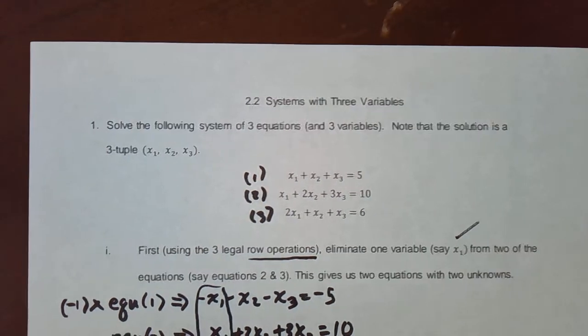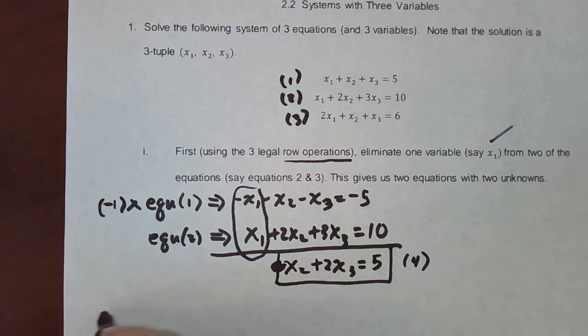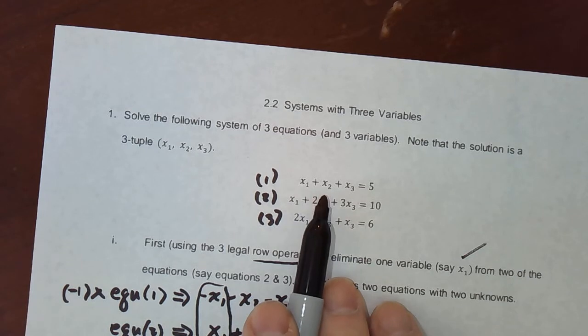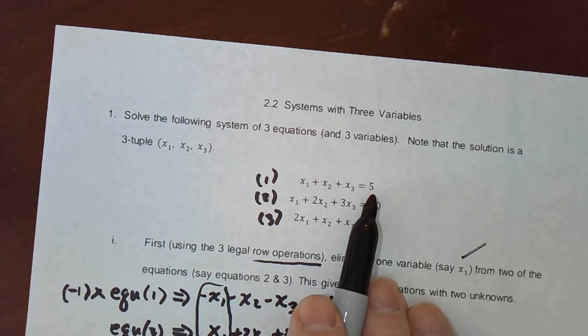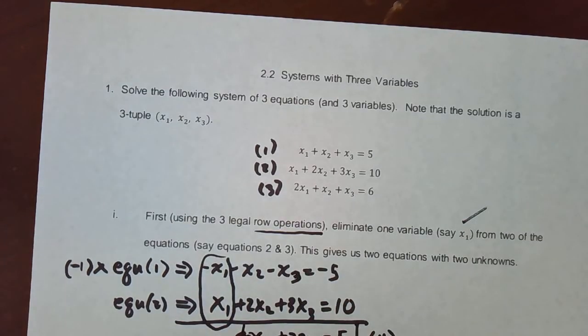So I'm going to write negative 2 times equation 1, which would give us negative 2x1 minus 2x2 minus 2x3 equals negative 10.